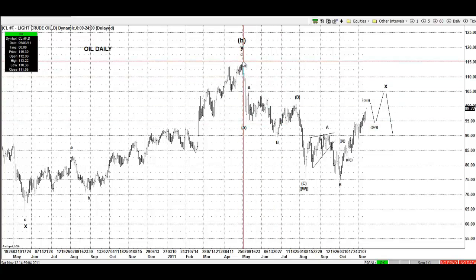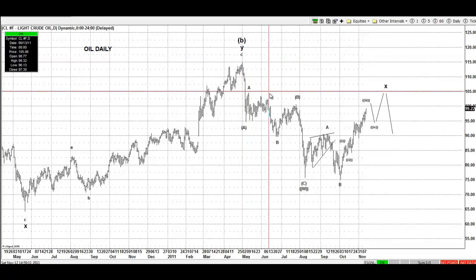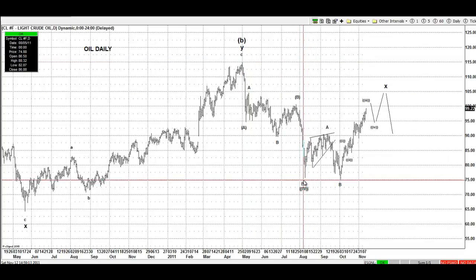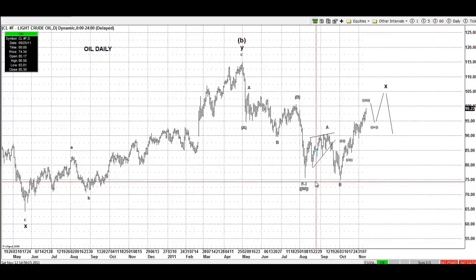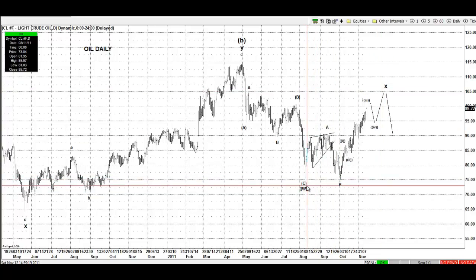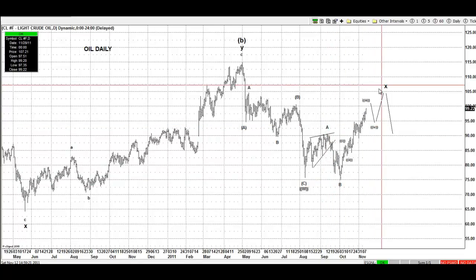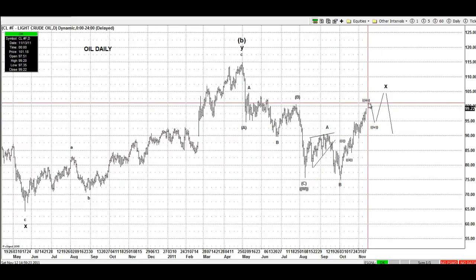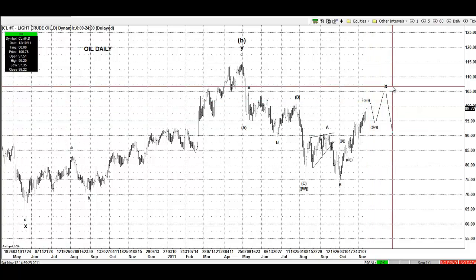In all the pairs, in every single one, May the 4th. That move decline, either if it ended here, and then we have a flat wave that goes A, B, and then we end in wave 3 in oil, and then that's going to go 4 and 5.